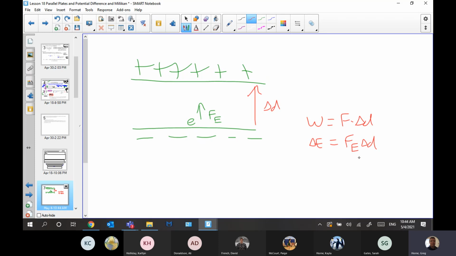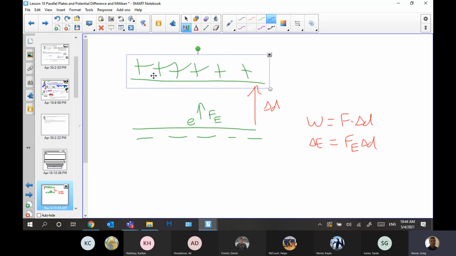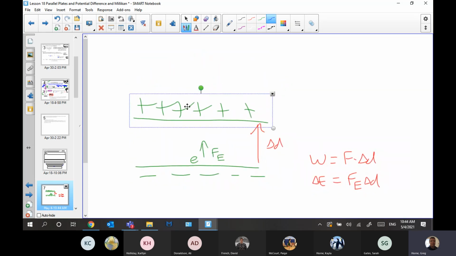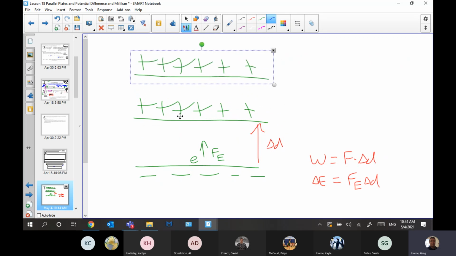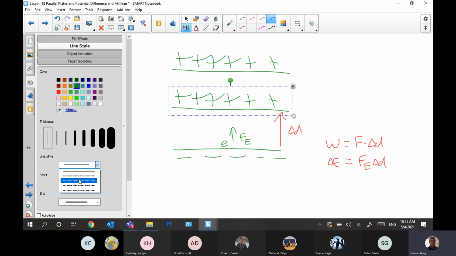So if we move this plate apart, we had it here, right? And what we've been told in the past was that if I move this plate out to here, I'm going to make this one dotted so you can see that it used to be there.